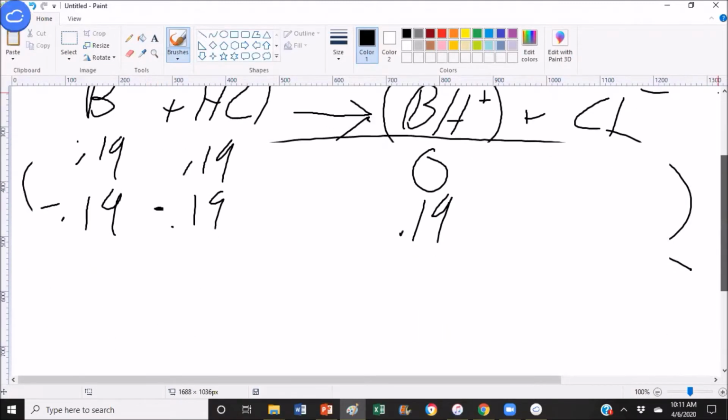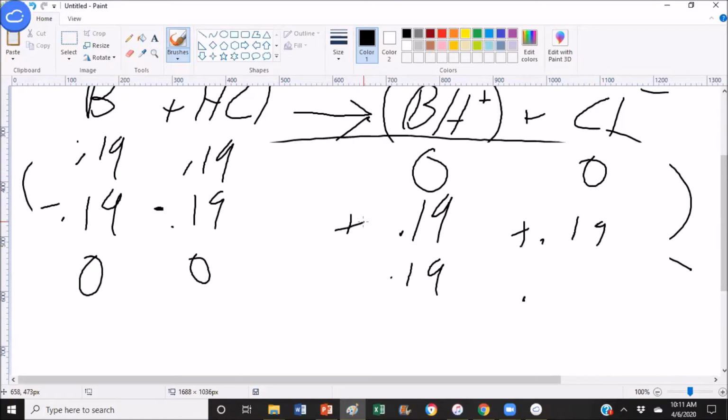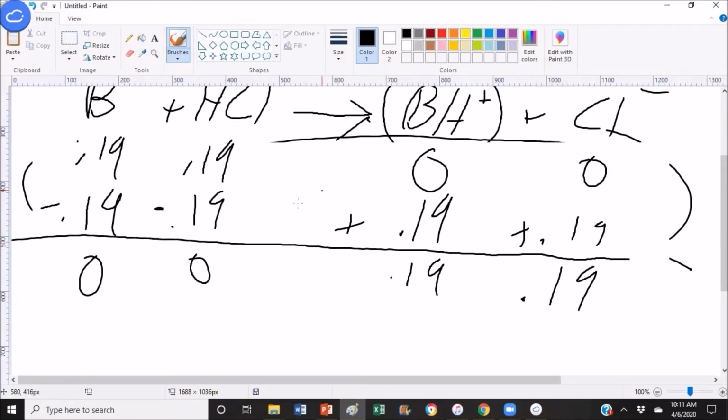So if we had 4 moles of base, we would generate 4 moles of acid as it gets neutralized, because of conservation of matter. We're not destroying the base, we are converting it. In the same way we would also have 0.19 moles of the salt, but that doesn't matter. We don't care about chloride. The chloride is a neutral salt.